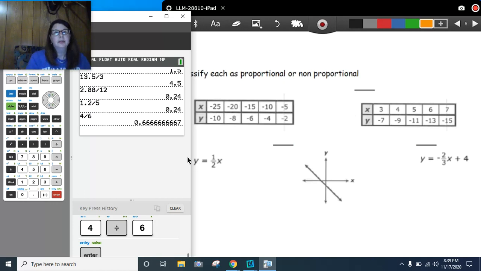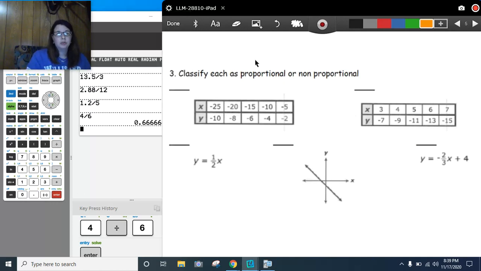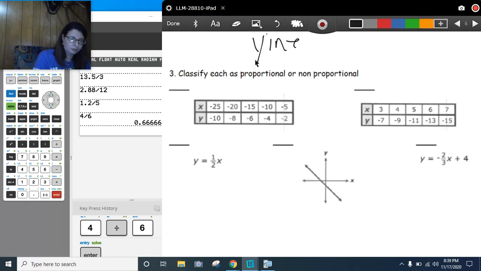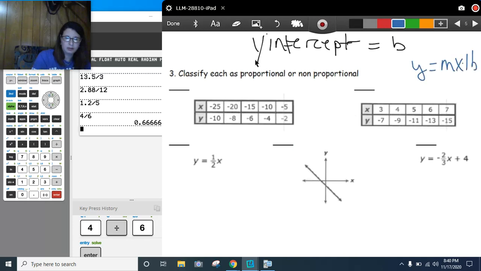Okay. So now we're going to go on to proportional and non-proportional. To figure out if this information is proportional or not proportional, I want to know what my y-intercept is, and the variable that covers our y-intercept is b. So I'm looking at the equation y is equal to mx plus b.